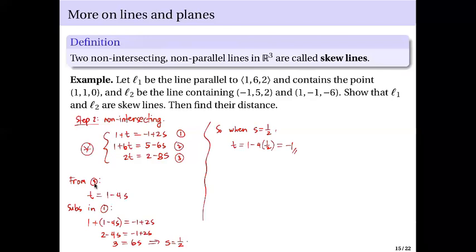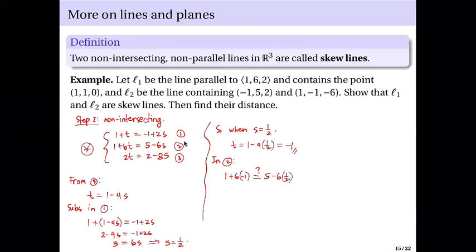So we have the t, we have the s. We used equations 3 and 1. So we plug in equation 2. Okay? In equation 2, we now have 1 plus 6 times t. T is negative 1. Is this equal to 5 minus 6 times s, where s is 1/2?